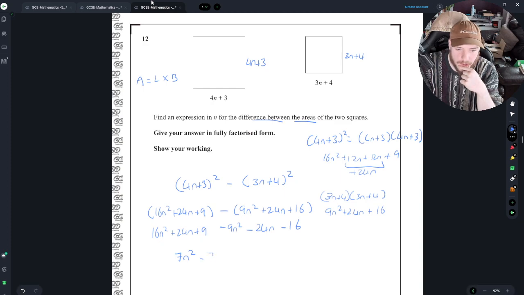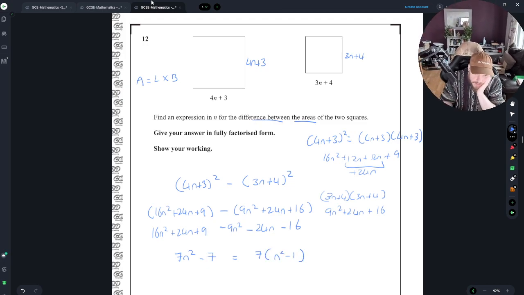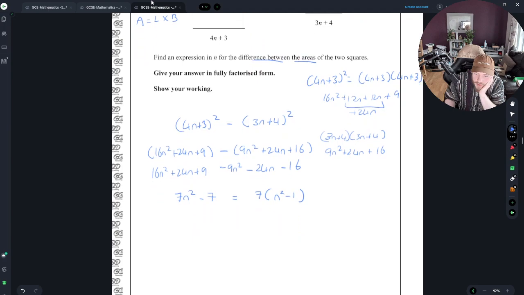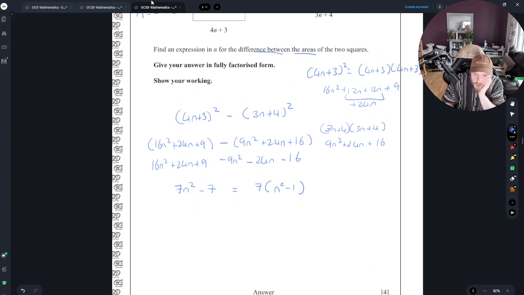gives us minus 7. So the simplest way to write this would be take the factor of 7 out, 7 times n squared minus 1. Now I don't know whether this is required, but n squared minus 1 is actually what we'd call the difference of two squares.